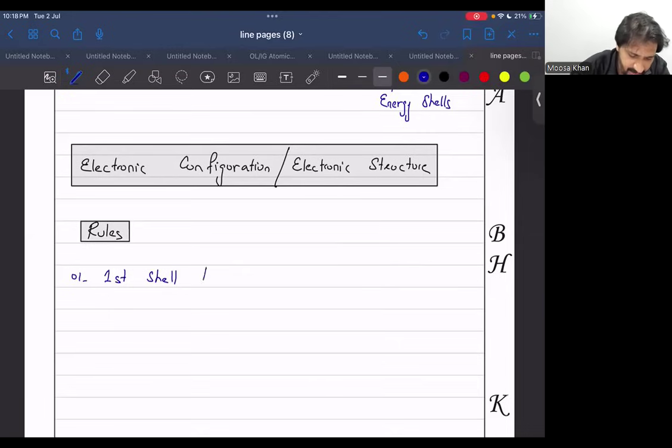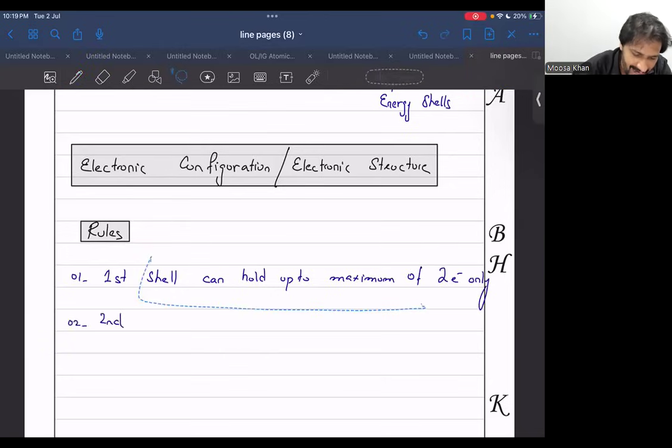First shell can hold up to a maximum of 2 electrons only. जो E dash लिखा है, that is the short form for electrons.